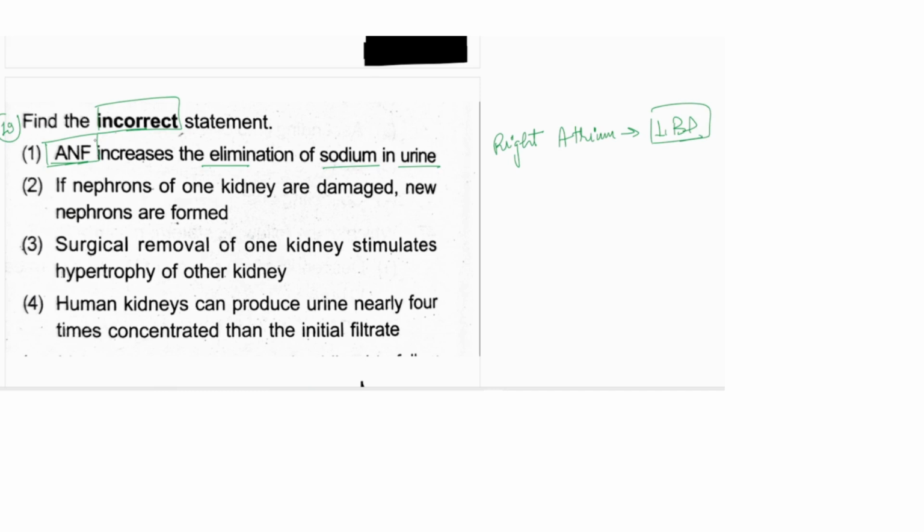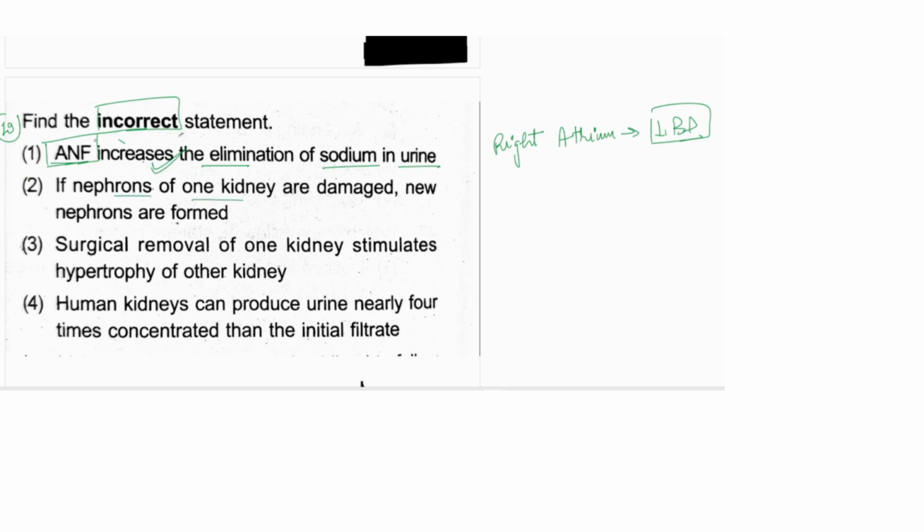If it is causing low blood pressure, so definitely it will increase the GFR? No, it will not increase the GFR. It will actually decrease the GFR. So low GFR means more secretion, more elimination of ions and water. So that is why it is the correct one.